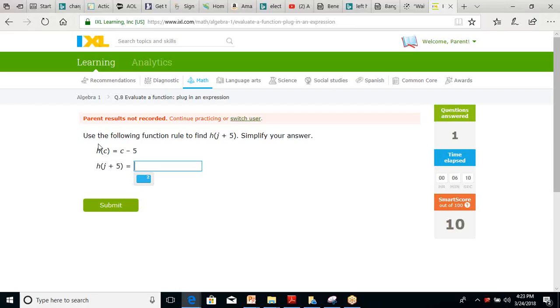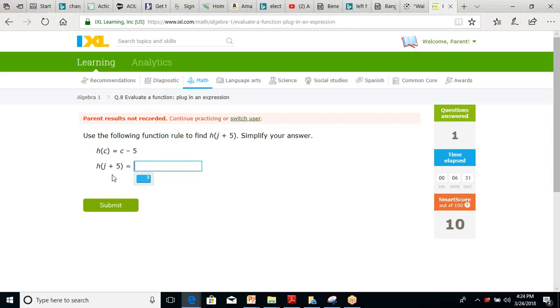Function equation where H(C), you're accustomed to seeing f(x), the same thing. H(C), H is a function of C, that's equal to C minus 5.